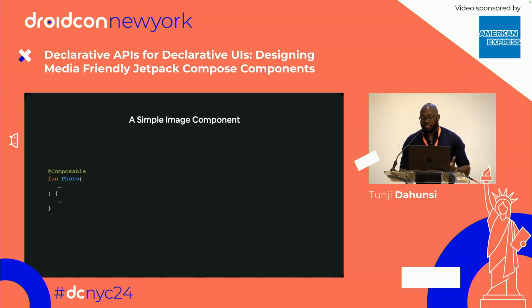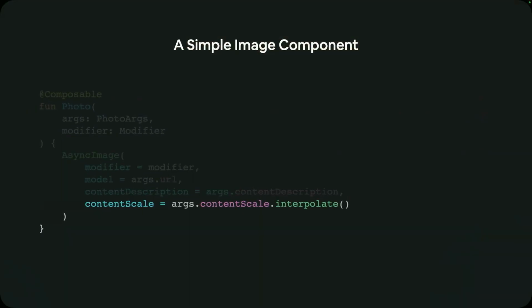So the photo composable for displaying this may just have the photo arguments as an argument, the modifier, and then here I'm just going to delegate directly to the async image from Coil. I give it my modifier, I give it the model arguments, I give it the content description. But importantly, when I'm giving it the content scale, I can just give it content scale and then call that composable function from before, interpolate.